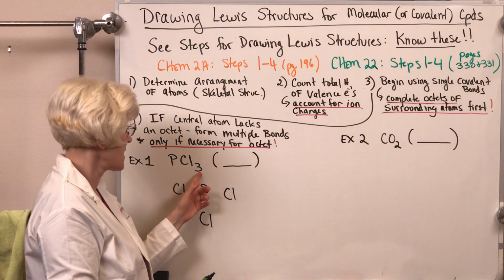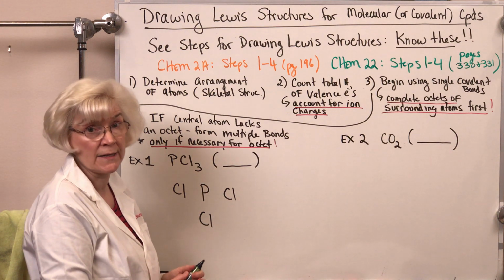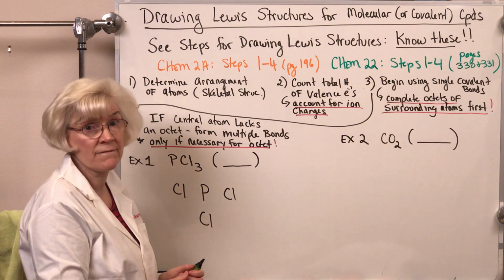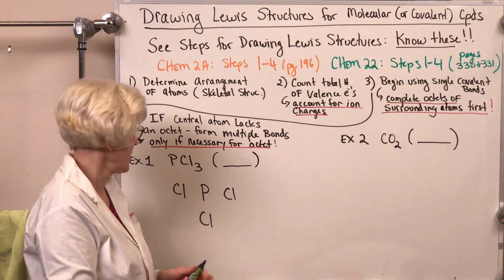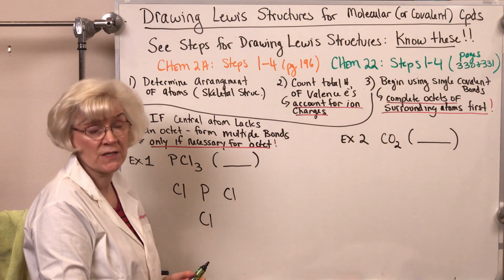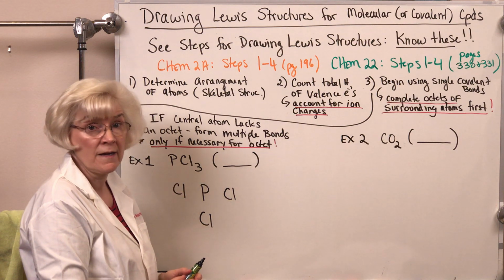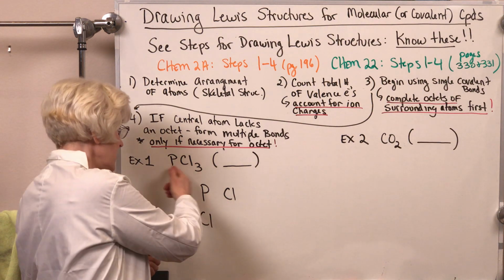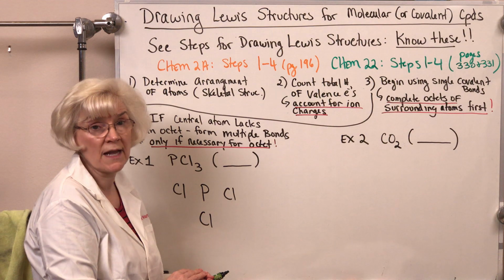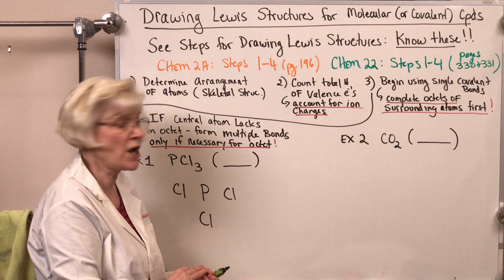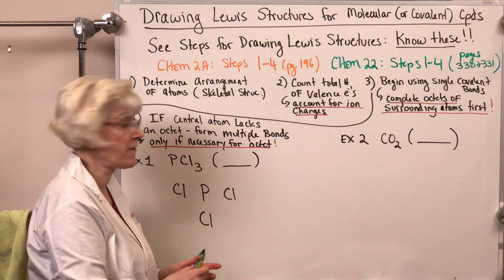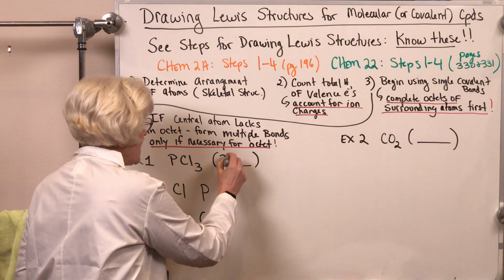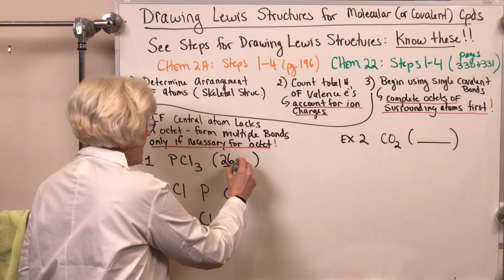The formula says that we have 3 chlorine atoms, so 3 times 7 is 21. Moving to phosphorus, which is in family 5A, phosphorus therefore has 5 valence electrons, and totaling all the valence electrons that our picture should show, 21 and 5 is 26 valence electrons.